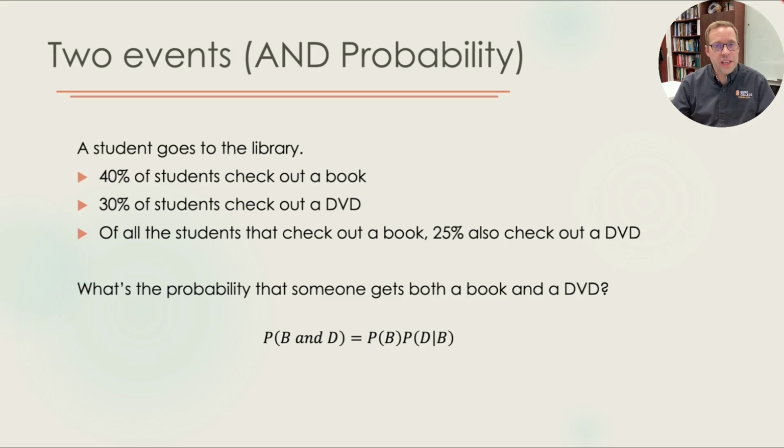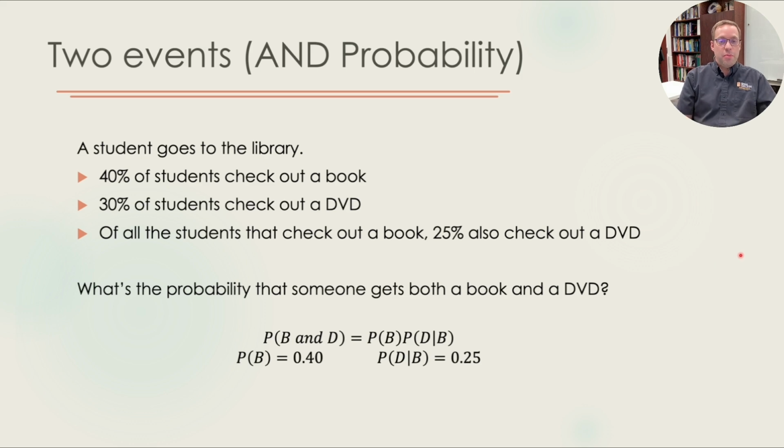Well, hopefully you saw that when I asked you what's this line right here, the third line. Of the students that check out a book, we know that we're looking at just the students who check out a book. Of those students, 25% check out a DVD. That is our conditional probability here.